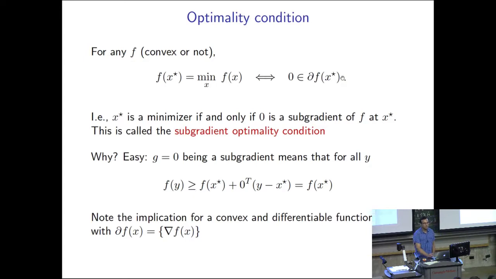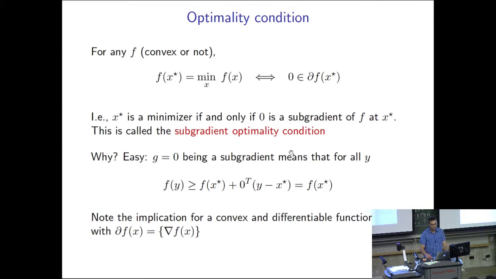Those are equivalent statements. So if I can compute subgradients of my function, I just need to check whether 0 is in it. In general that could be very hard, but for convex functions, through the rules we learned, it should be more tractable. Checking whether 0 is in the subdifferential is equivalent to checking whether I have a minimizer of my function. This is sometimes called subgradient optimality.